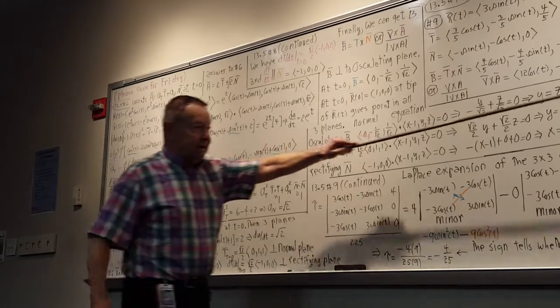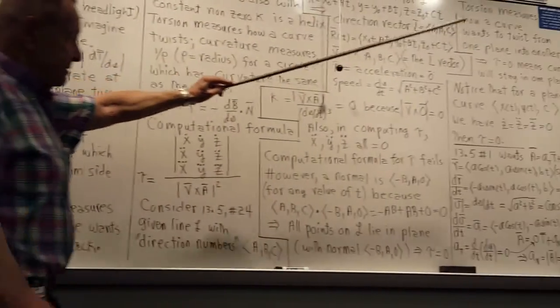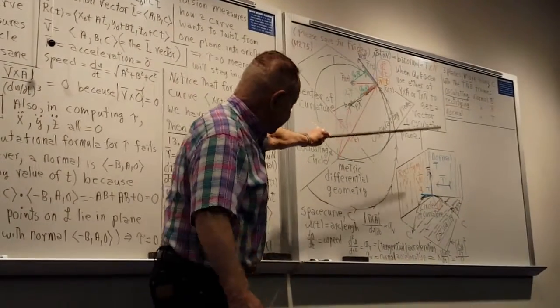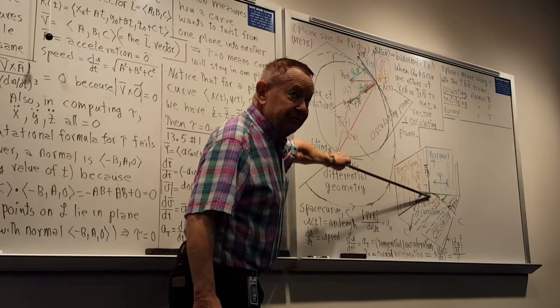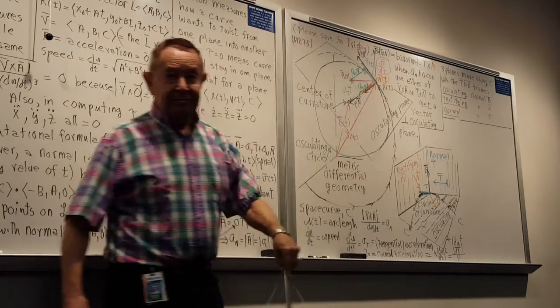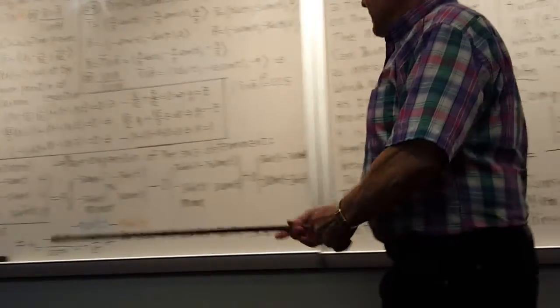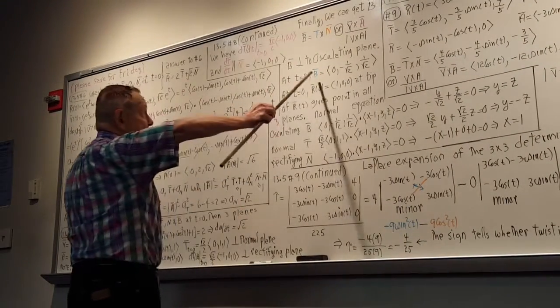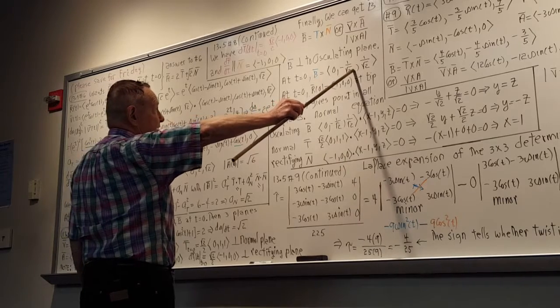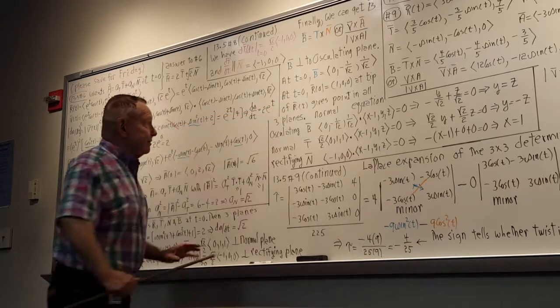So that would get you that vector, if this is a picture of things at time 0. And so a b then, that's a unit vector, would be here.